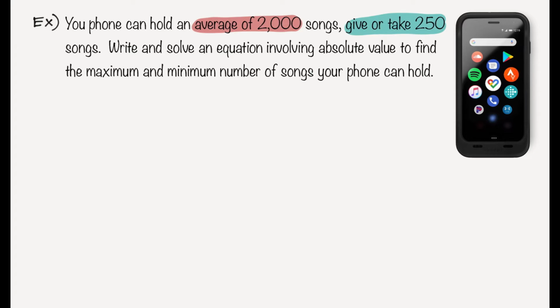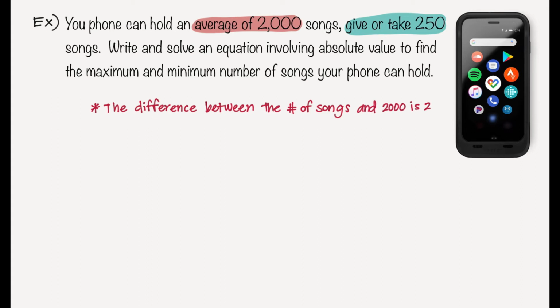So I'm just thinking about this in reality: this is really saying that the difference between the number of songs my phone can hold and 2,000, because that's kind of in the middle, is going to be give or take 250 songs. So translating this into an equation, the difference between the number of songs and 2,000 is the absolute value of x, which is my number of songs, minus 2,000. And that simply equals 250.